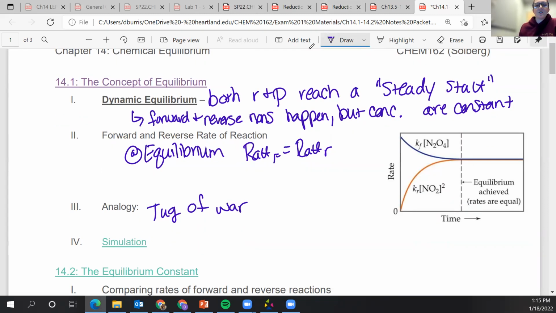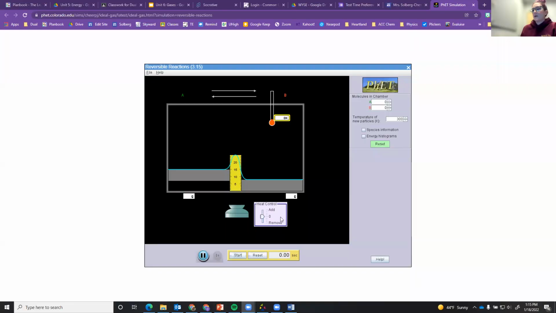So I have a little simulation here that I want to share with you. Okay, so this is a simulation. What I'm going to do is I'm going to put, I don't know, like 50 A's into a reaction and see what happens. Essentially they're all colliding and colliding and colliding, and sometimes they're going to turn into products.